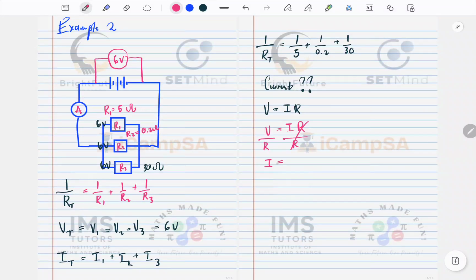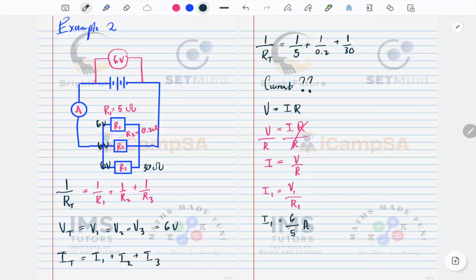Then we'd have I equals V over R. So here we have I1 equals V1 over R1. So what is the answer to that? I1 equals V1, which is 6, over 5. So this is going to be 6 over 5 amperes.